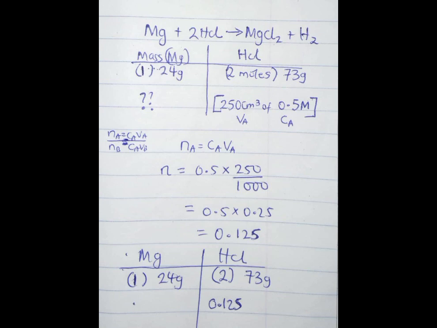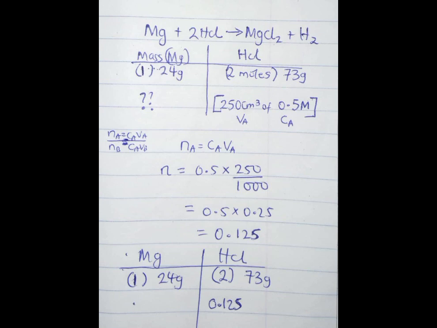This method is actually quite different and easy. We have to get the mass of magnesium in another way. The standard gives 1 mole and 24 gram for magnesium, 2 moles and 73 gram for HCl. Now we need to get the moles for the row below. What is reacting is 250 centimeter cube of 0.5.